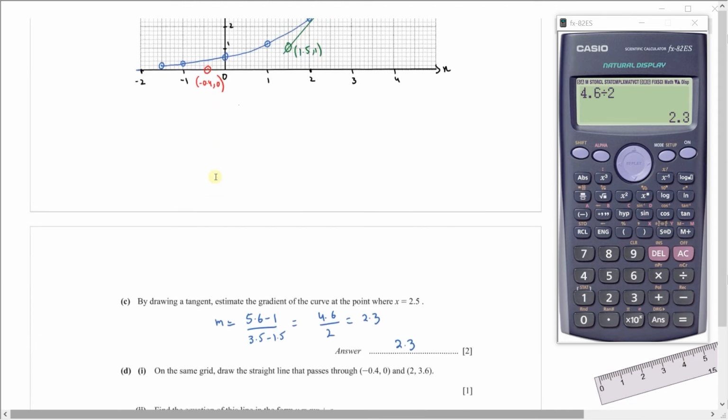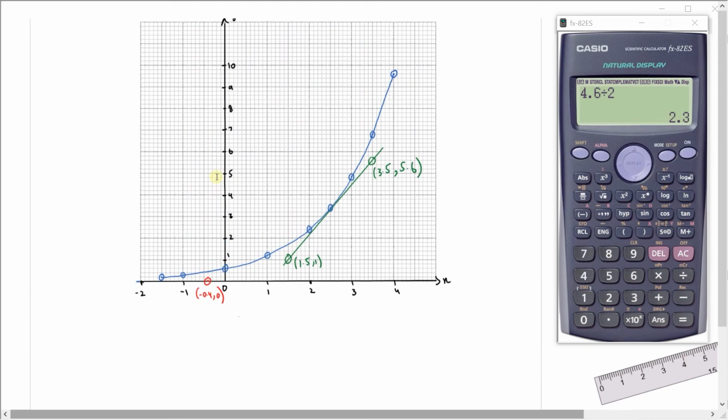And the other point is 2 and 3.6. So 2, 3, 3.2, 3.4, 3.6 will be, so this will be 2 and 3.6. Yeah. So let's connect these two to form a straight line.